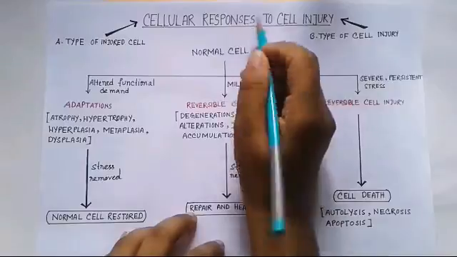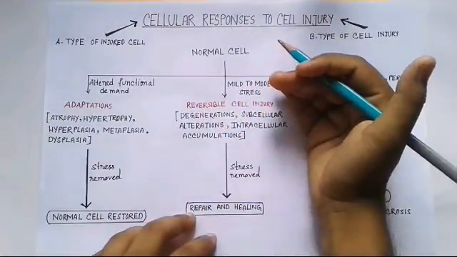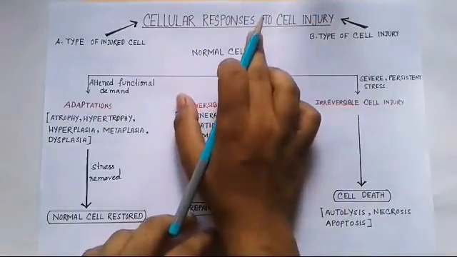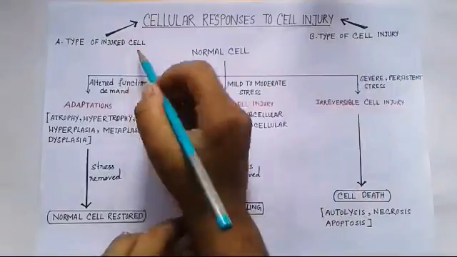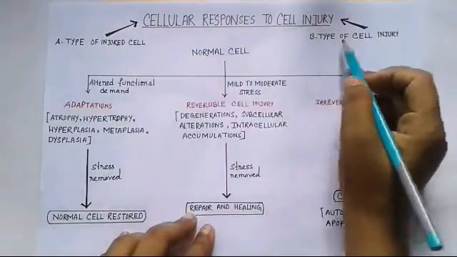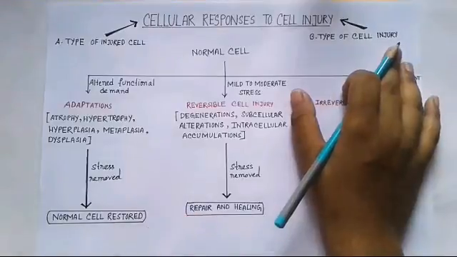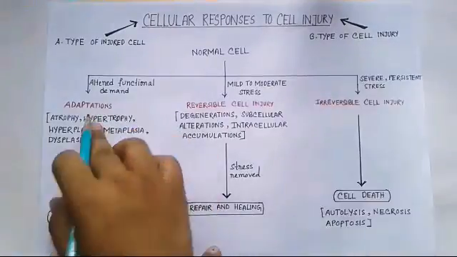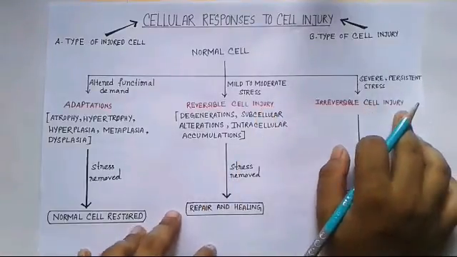So cellular responses are nothing but the alterations that occur after a cell is injured. Now cellular responses to stress may vary depending on two factors: the type of the injured cell and the type of the injury. Depending on these two factors, the cellular responses can be of three types: cellular adaptations, reversible cell injury, and irreversible cell injury.